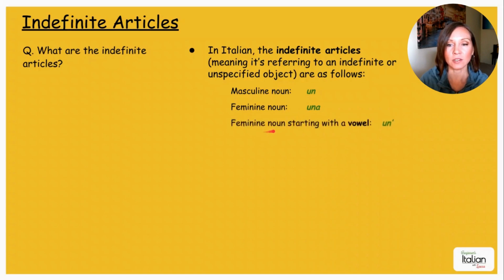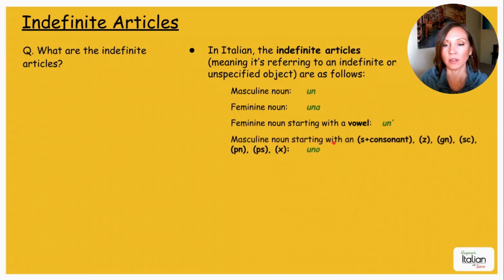For a feminine noun starting with a vowel, we use un plus an apostrophe. And for masculine nouns starting with an S plus consonant, Z, GN, SC, PN, PS, or X, we use uno. That's kind of reminiscent of the definite article lo. It ends with an O.